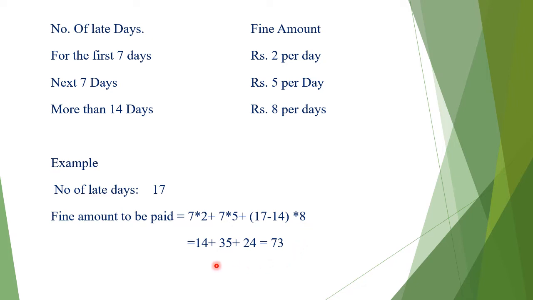So the total fine amount to be paid is 7 star 2, that is 14, plus 7 star 5, 35, plus 17 minus 14, 3 star 8, that is 24. So 14 plus 35 plus 24 equals 73. So rupees 73 is the fine to be paid by that member based on the given condition here.